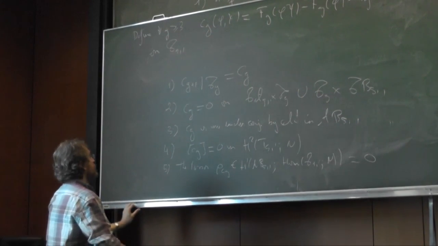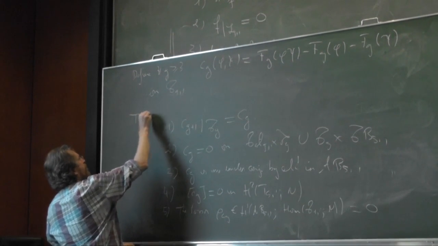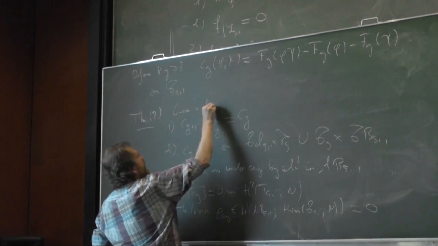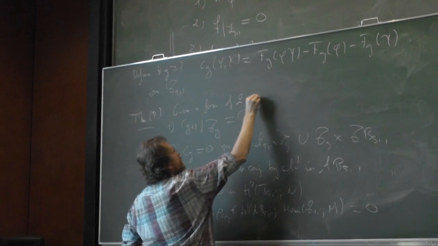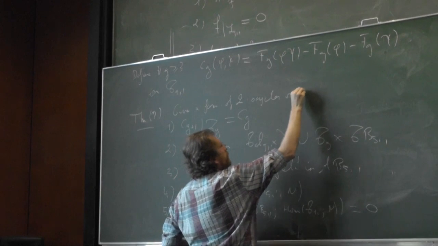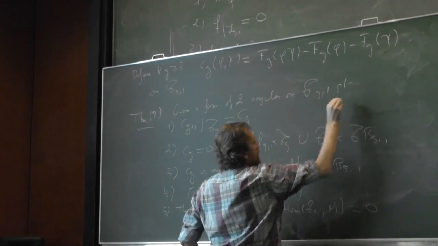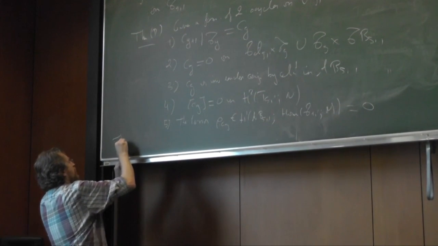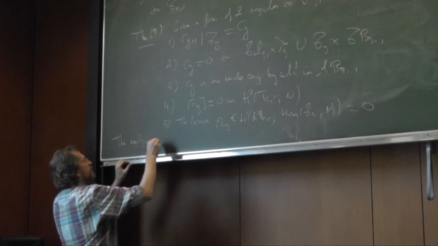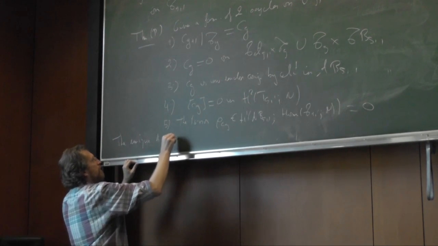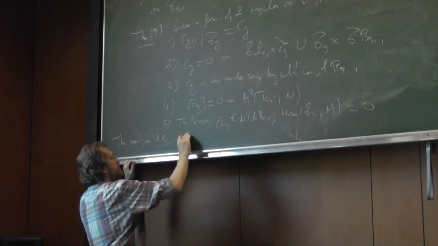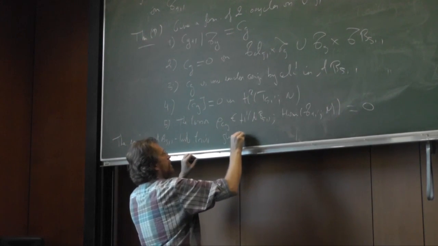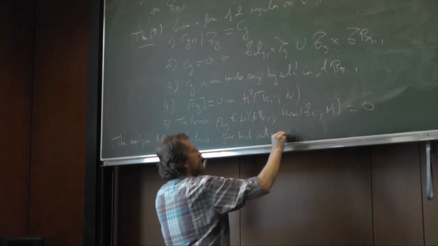And then the theorem says, given a family of two cocycles on the Torelli group such that all these are satisfied, then the unique ABG invariant trivializations glue back into an invariant.